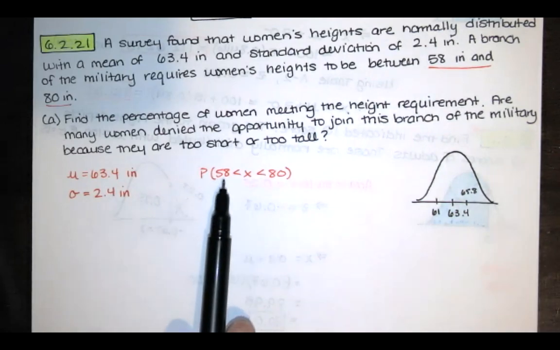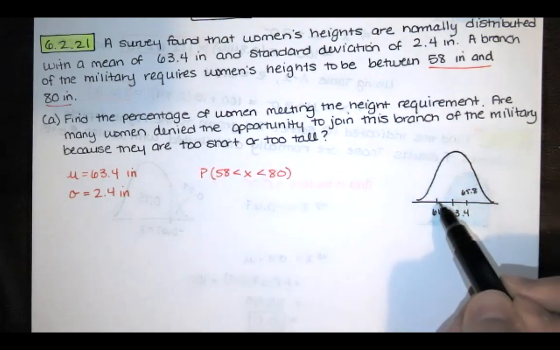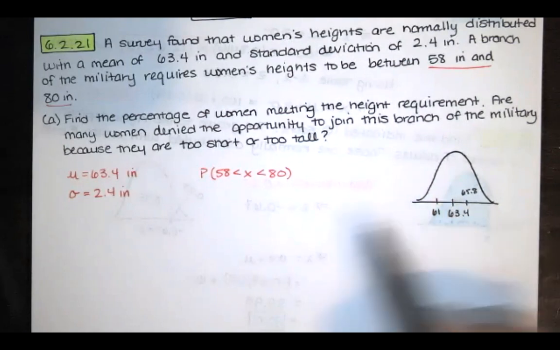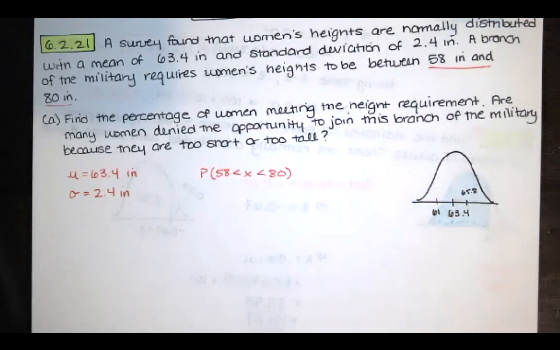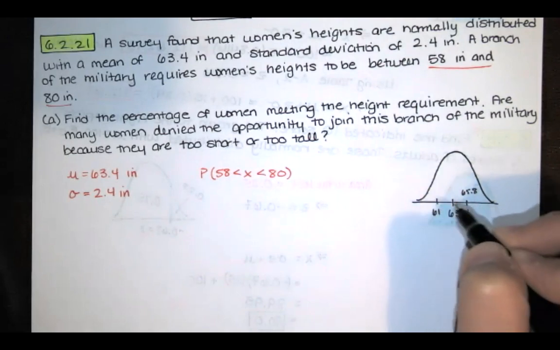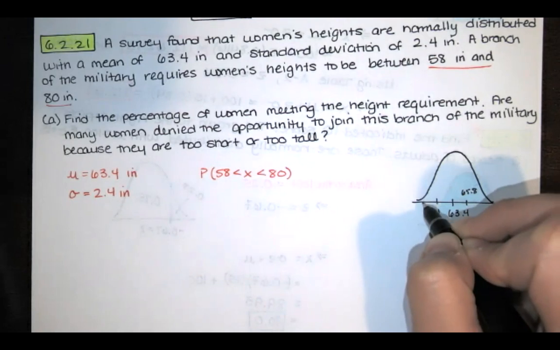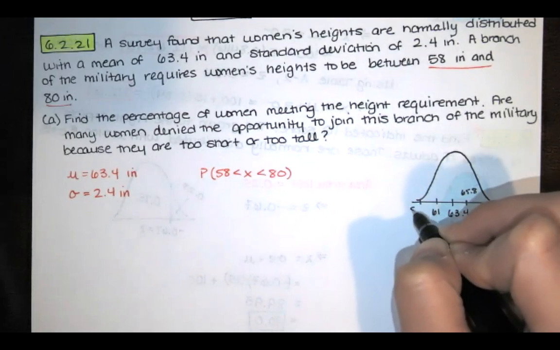Okay, and I'm trying to get to 58 and 80, so I will subtract another standard deviation from here. 61 minus that 2.4, that's going to land us at, what is that, 58.6? Is that right?